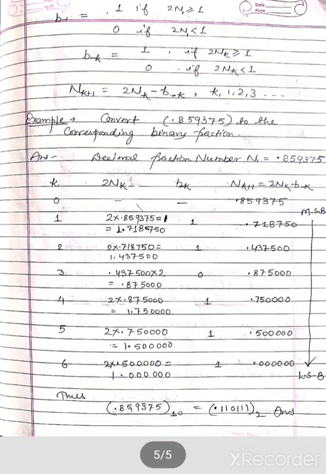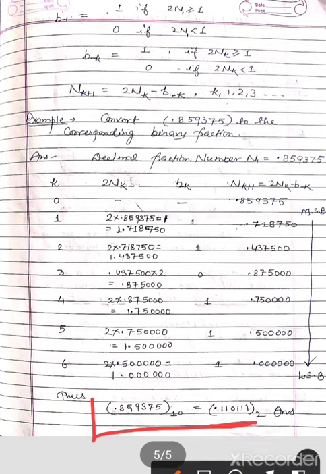So the conversion of the given decimal fraction number will be equal to this binary fraction number. This is the conversion of a fractional number of the decimal number system into the binary number system.